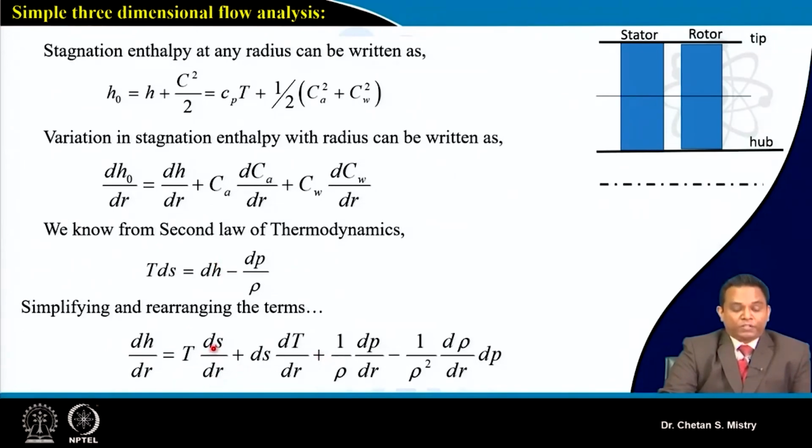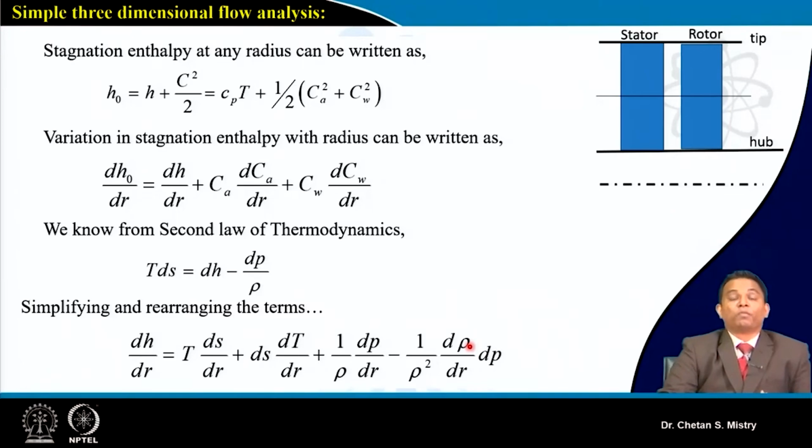It represents the change of entropy, the change in static temperature, and the change of density. So all these parameters are of importance to us.